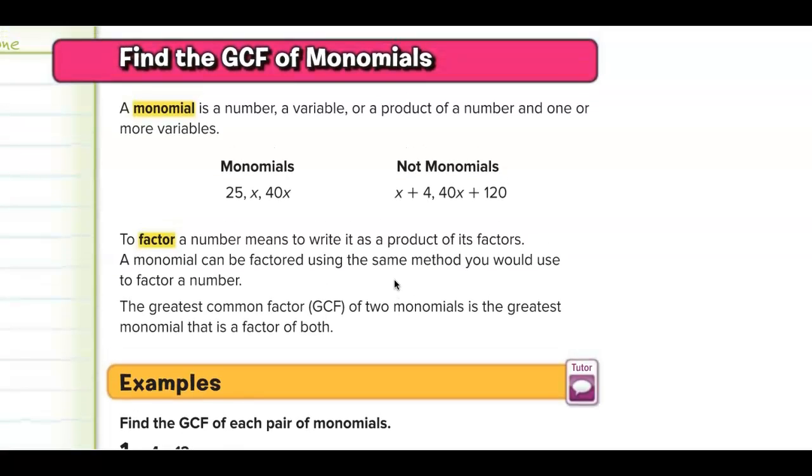Okay, so first of all, we're going to talk about some vocabulary. It says that a monomial, what does mono mean? Mono means how many? 1. Okay, so a monomial is a number or a variable or a product of a number and a variable. So it can only be one term though. Remember, terms are separated by what 2 operations?